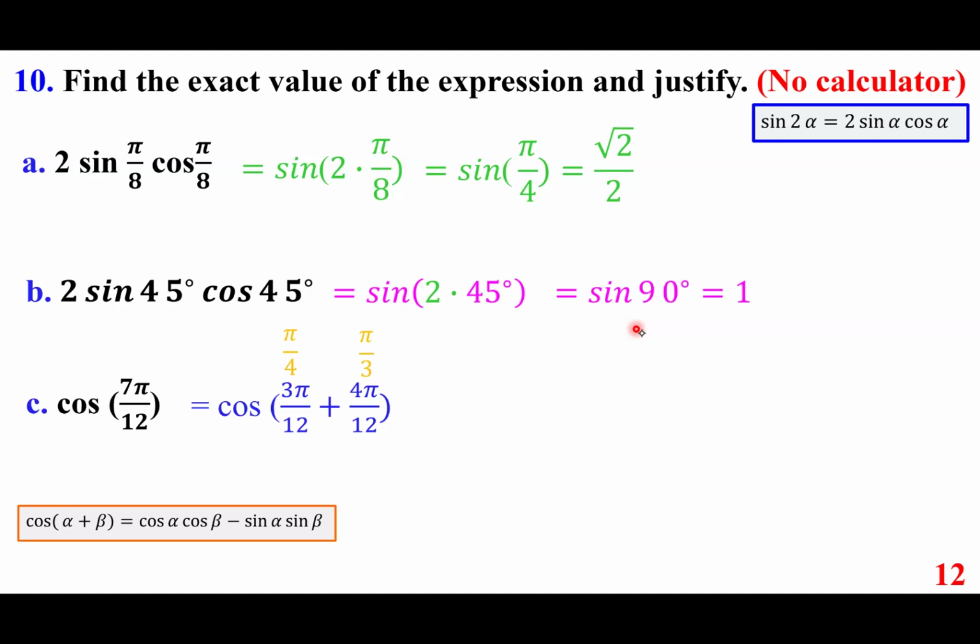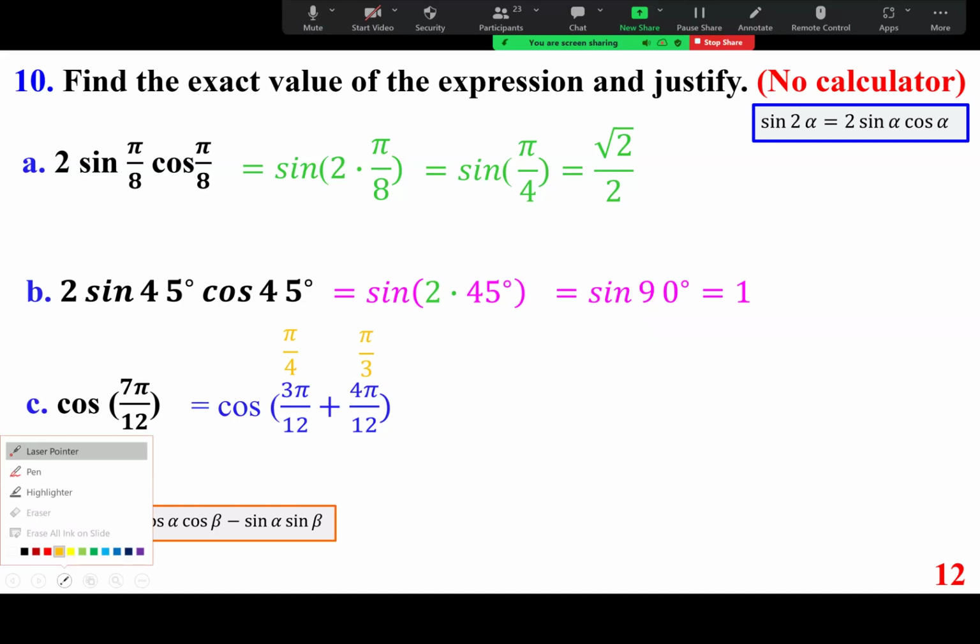One thing I've mentioned before, and I'm going to mention it again. It's a good idea to know that pi over 12 is 15 degrees. One way you may remember that pi over 6 is 30 degrees, okay?